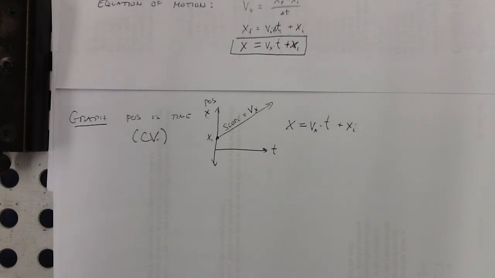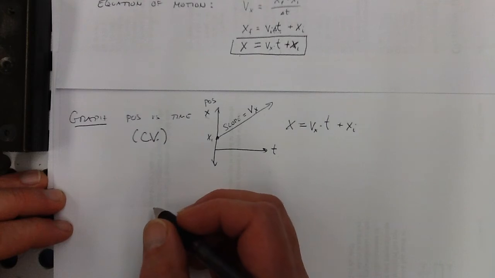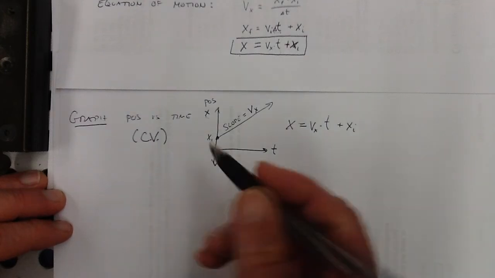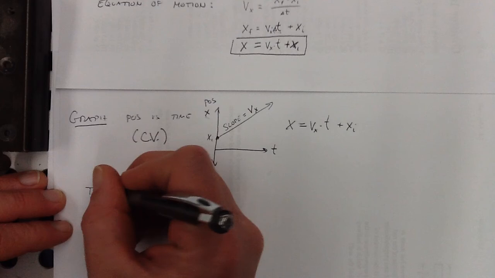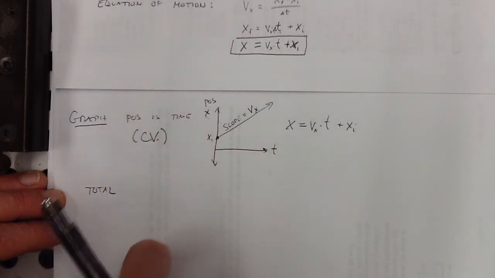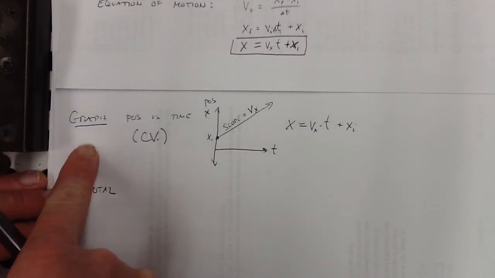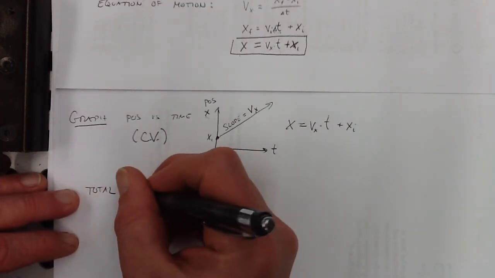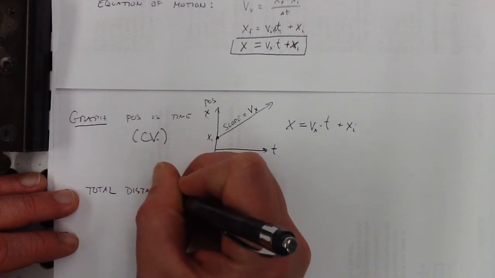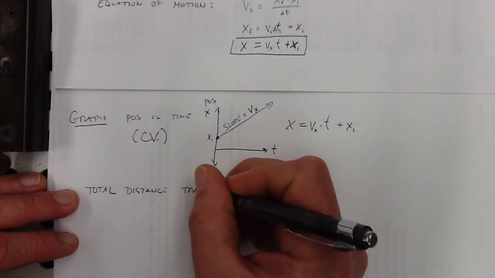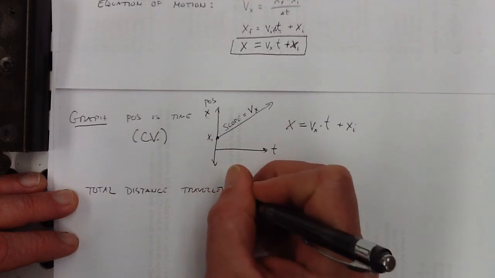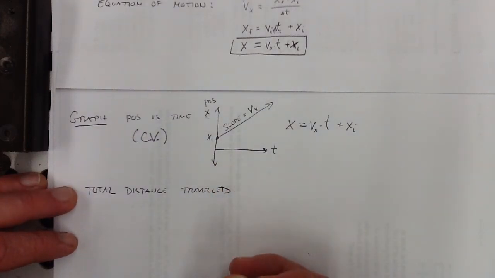And gee, I don't think that there's anything else that I need to tell you except for possibly that if you have something that's moving back and forth on a straight line and sort of doing a constant velocity in one direction and then going constant velocity, maybe a different constant velocity back, then you just have to watch out that total distance traveled means exactly what it means intuitively to us.